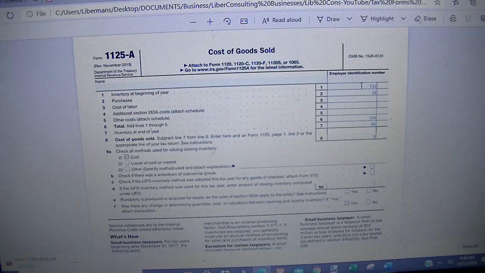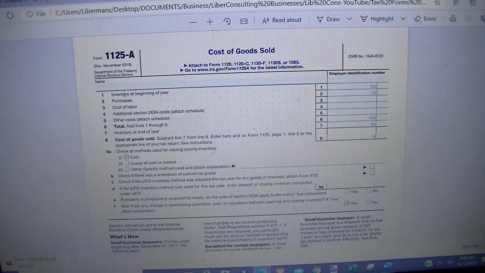And don't mind those numbers that I have here, they do not have anything to do with what we are talking about. Then you add inventory at the beginning of the year and purchases during the year that include your interest expenses, and you deduct the inventory at the end of the year.